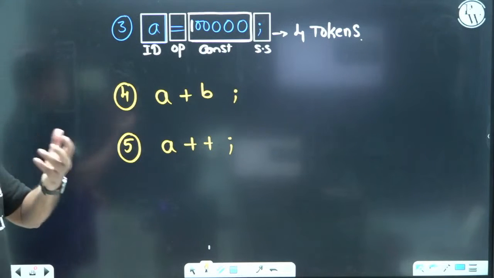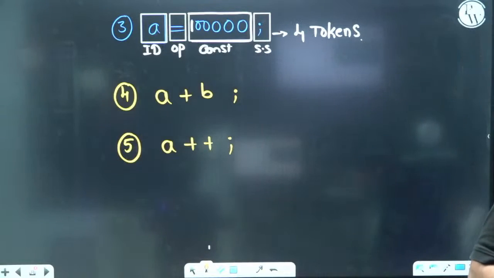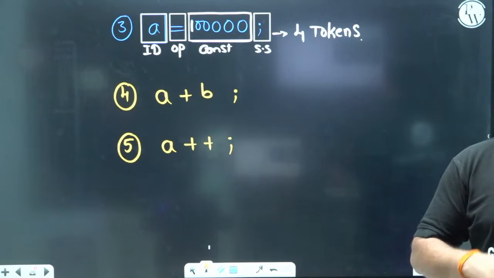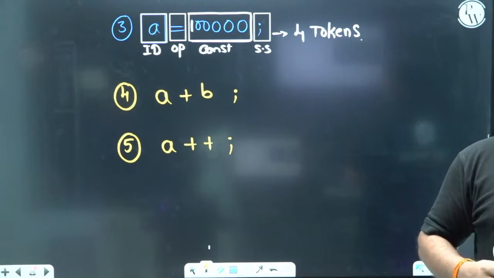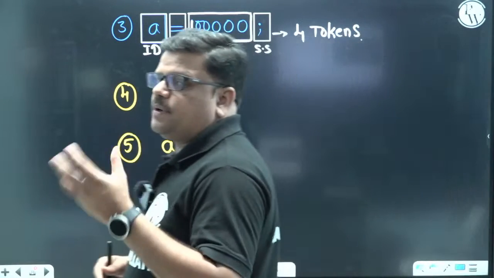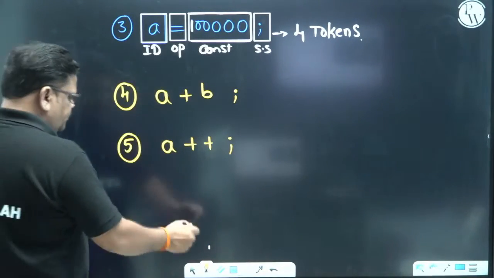We have so many challenges. Whenever the lexical analyzer is generating tokens, there are some challenges. Now let us see what these challenges are. It has to generate tokens properly. Just producing is not sufficient. It has to produce the tokens in a proper way. So how many tokens for the 4th statement?